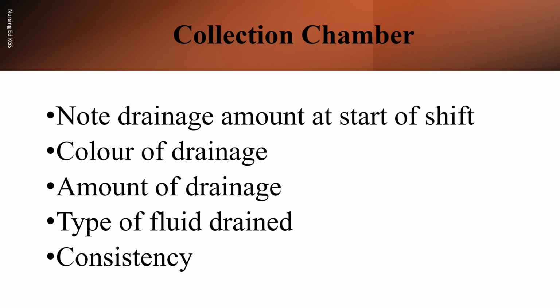You will note the color of the drainage, the amount, the type of fluid that has been drained, and the consistency of the fluid that has been drained, if the chest tube is, of course, placed because it's draining some pleural fluid.